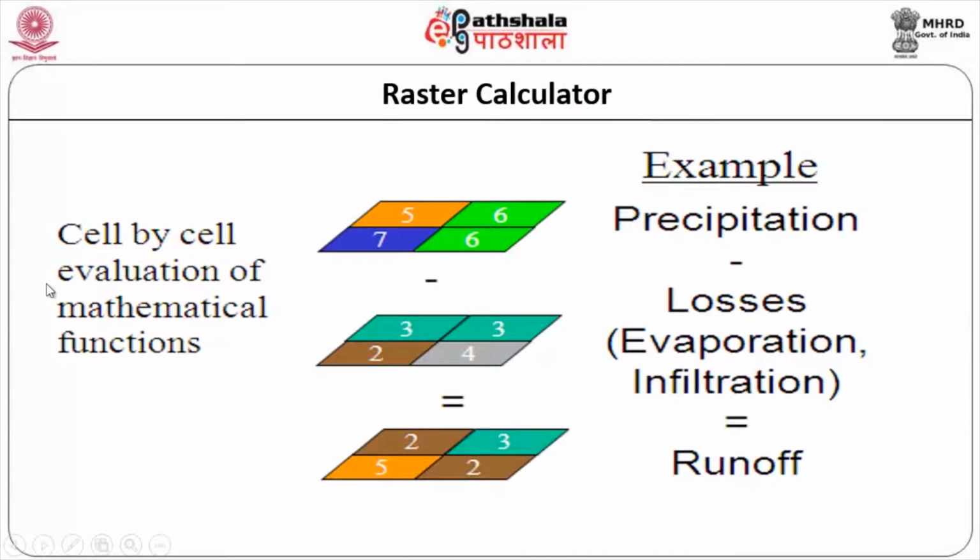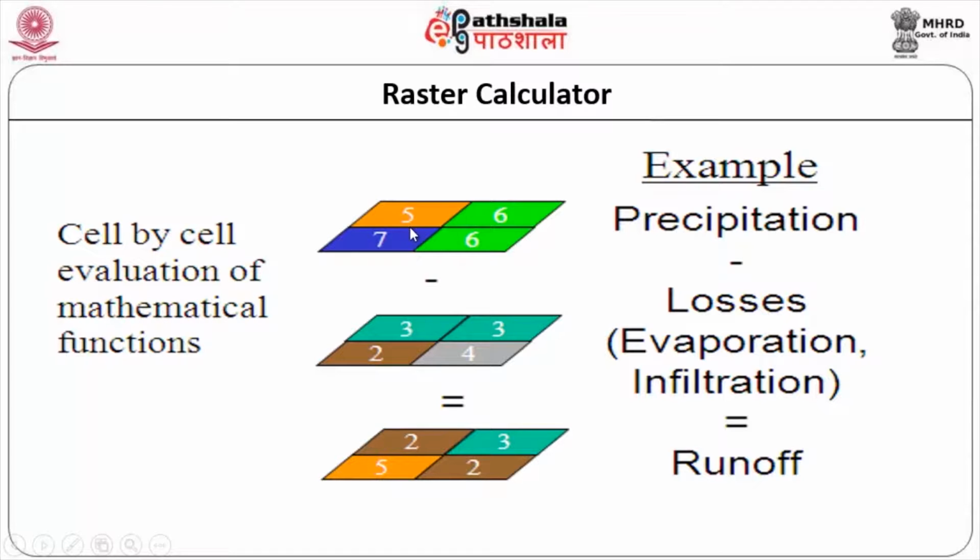When I have values like this, this particular layer is a precipitation layer, and this layer is losses due to evaporation and infiltration. And I know that from 100 millimeters of precipitation, if 20 or 25 millimeters of loss or infiltration takes place in each and every cell, then obviously you will have 80 or 75 depending upon the infiltration losses.